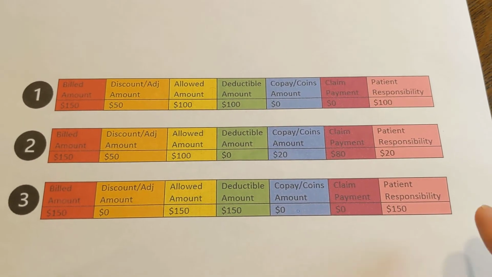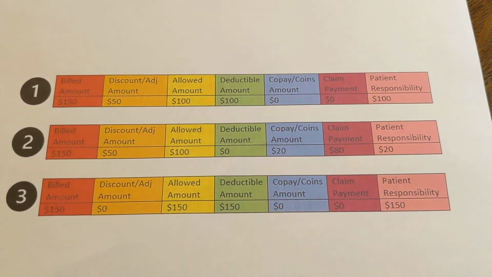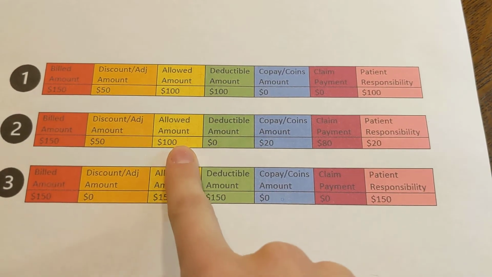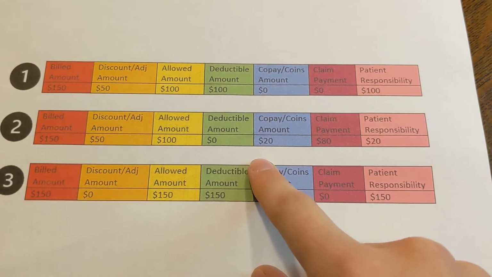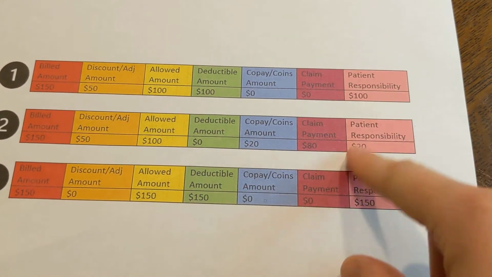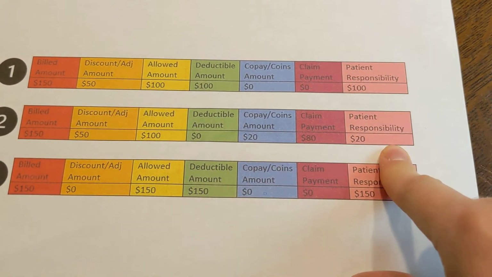So I want to emphasize to use the term patient responsibility because that includes everything. After you've taken the bill and dropped it down to the allowed amount, and figured out how much the deductible or the copay or the coinsurance covers, what is my out-of-pocket cost is the patient responsibility.